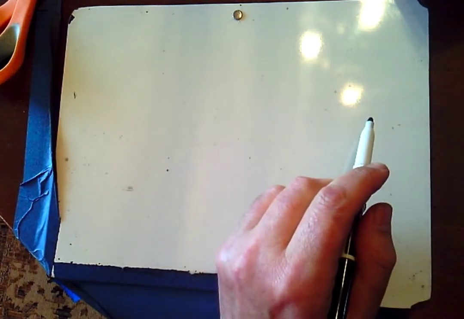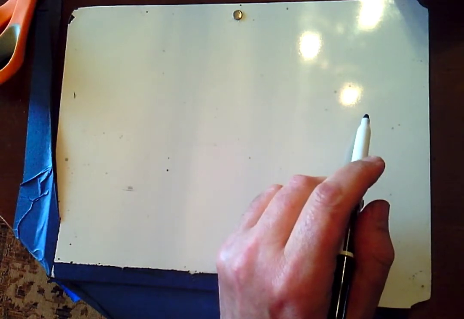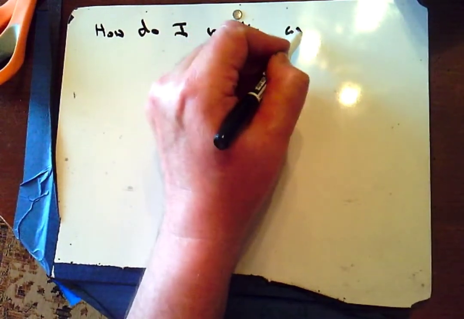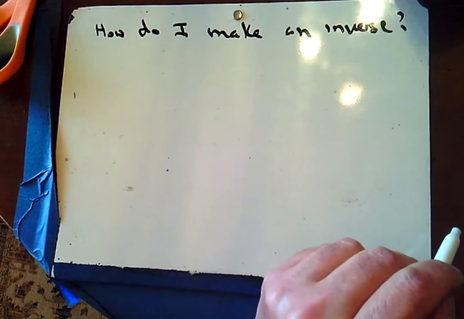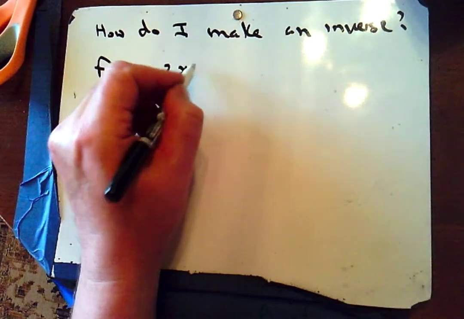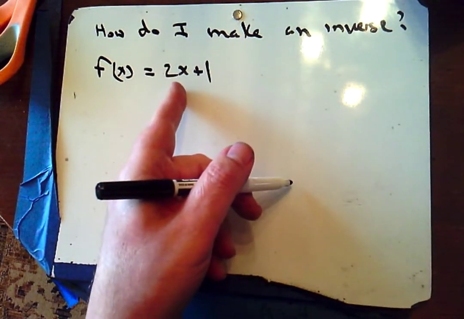Okay, so let's move on. We've talked about how do I know if a function is one-to-one, or how do I know if a function has an inverse. Hey, but we haven't talked about how do I make an inverse. Okay, how do I make an inverse? If f of x equals 2x plus 1, this was the function we just had, and I said, yeah, that's a linear equation.